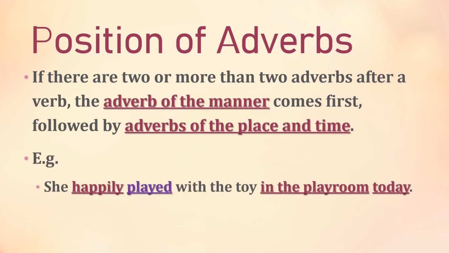She happily played with the toy in the playroom today. So here, three adverbs have been used: happily, playroom, today. Since the rule says that we have to use the adverb of manner first, happily has been written first, which is the adverb of manner, followed by the verb played, and then the adverb of place, playroom, and the adverb of time, today.